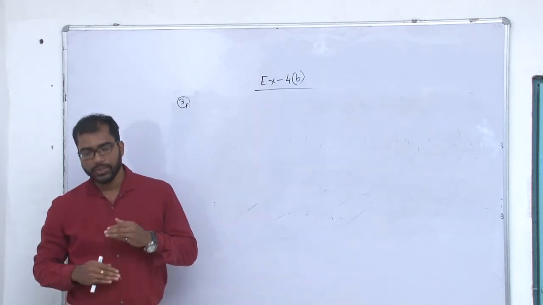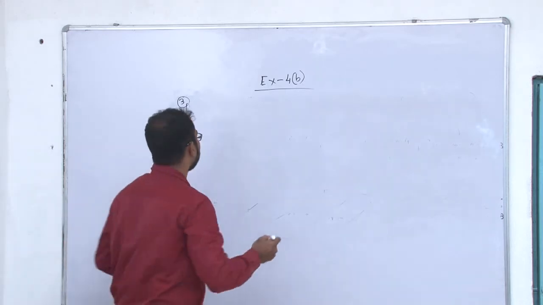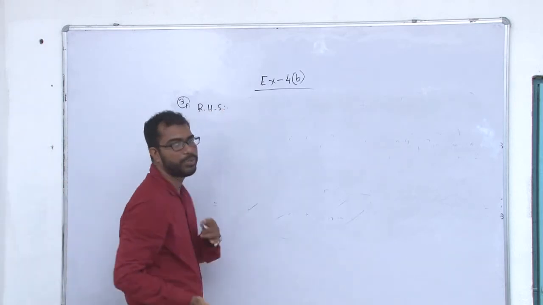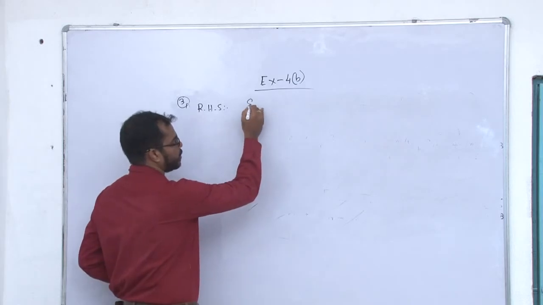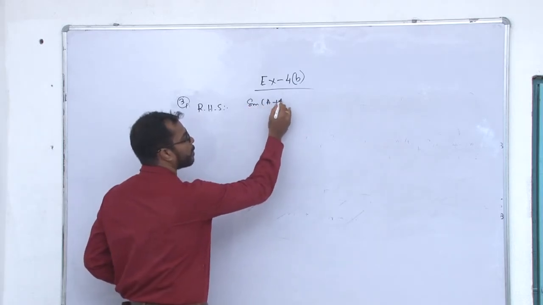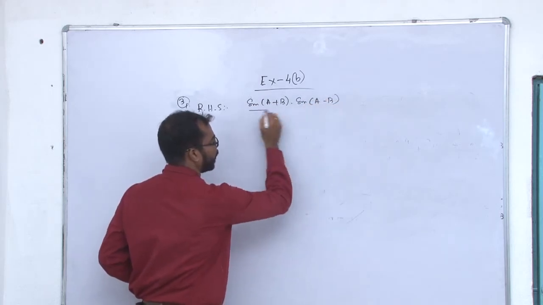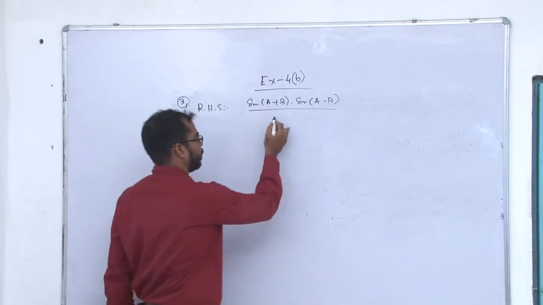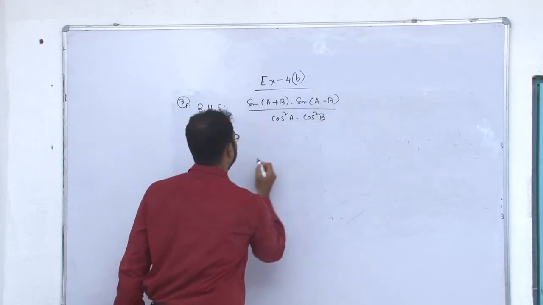Here we can take the right hand side, because the right hand side is more complex than the left hand side. So RHS is sin(a plus b) into sin(a minus b) by cos square a into cos square b.